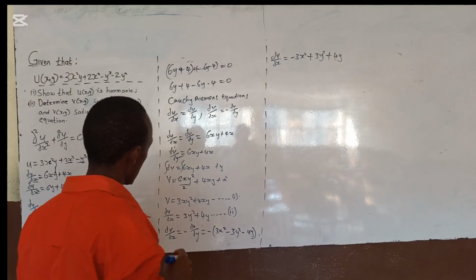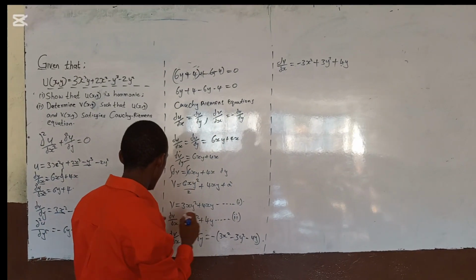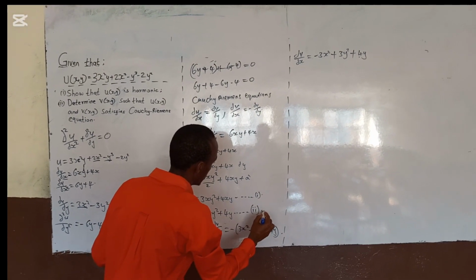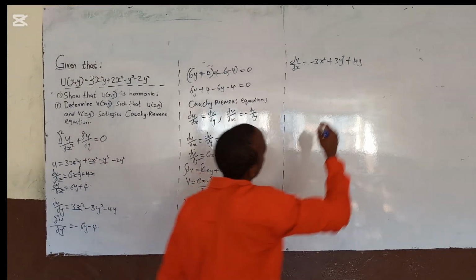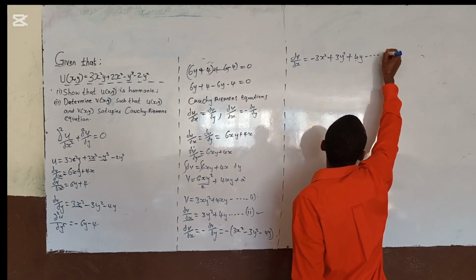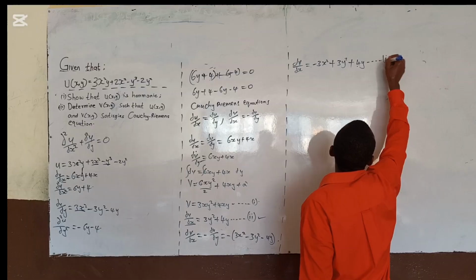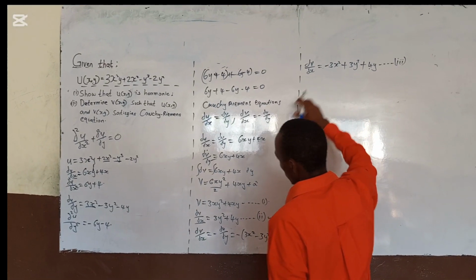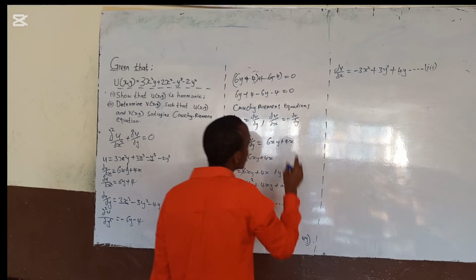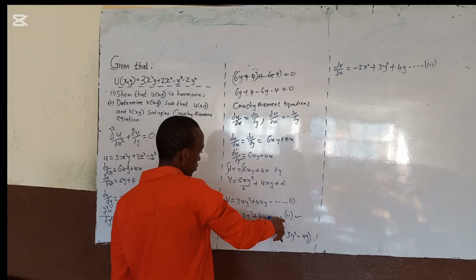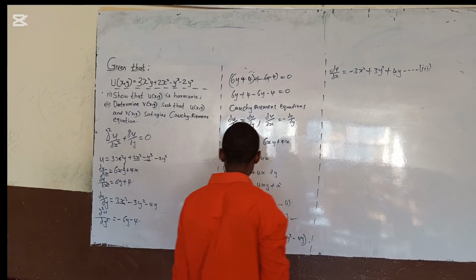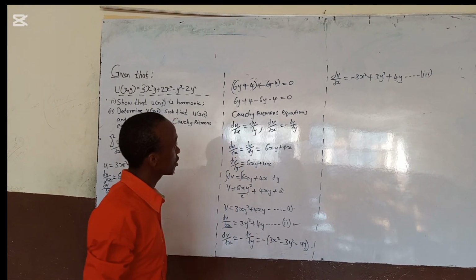Now, we have our dv/dx in equation 2, and we have dv/dx called equation 3. So equations 2 and 3 must be equal, because they are both the derivative of v with respect to x.